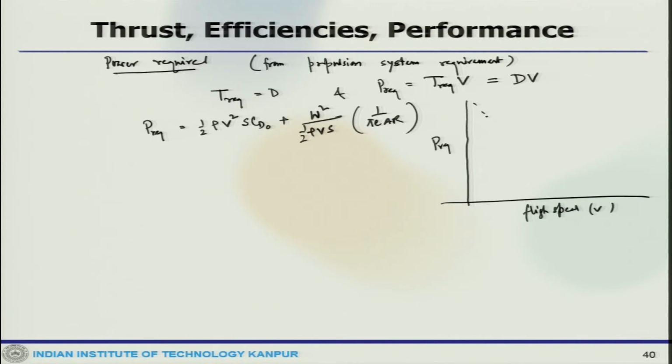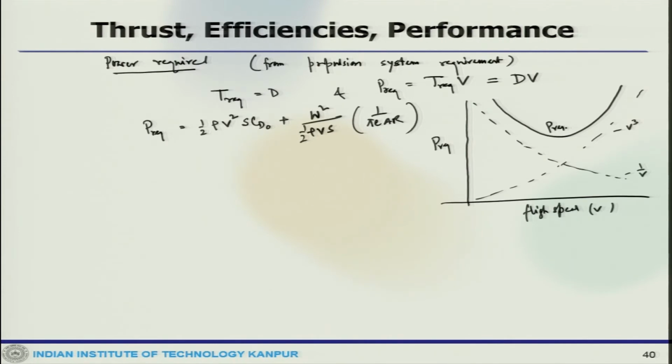This term goes like V cube, and this one is 1 by V. So my power required would lie like this. This is my actual P required, a typical power required curve for an aircraft.